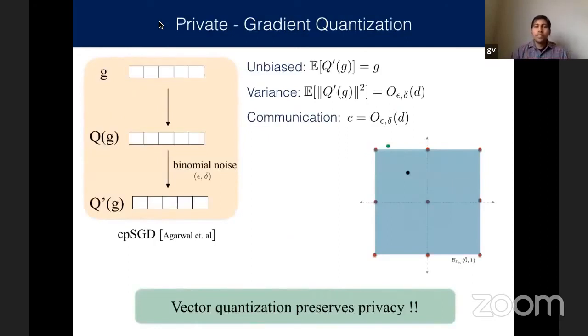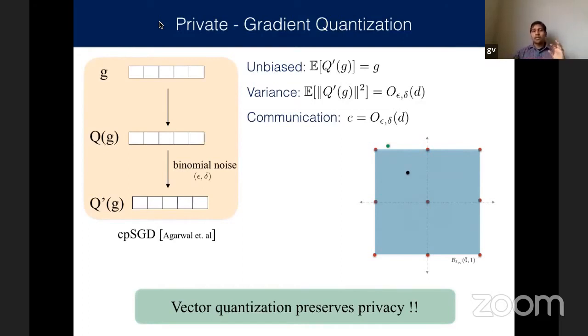Previously, in terms of private gradient quantization, the best known work was that of CPSGD, where the authors added some binomial or discrete noise to quantized gradients to achieve privacy. Here the communication varies with a parameter of the amount of noise that you want to add, and that depends on the privacy parameters that you want.